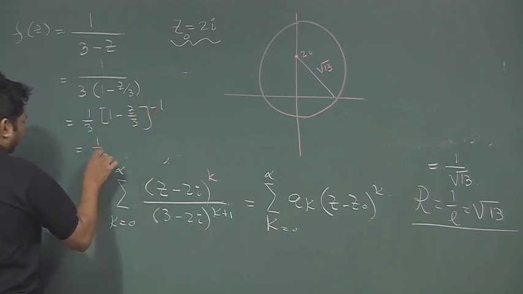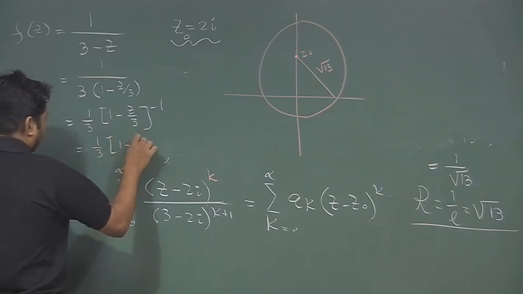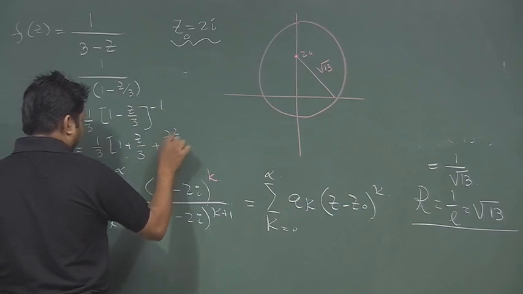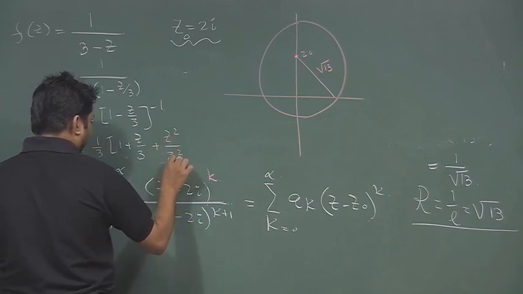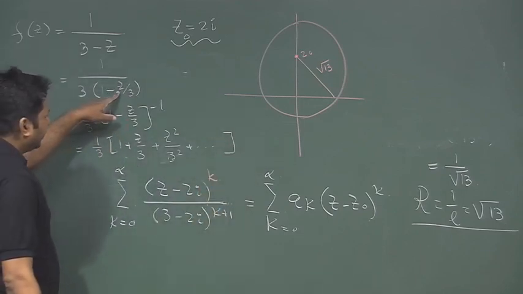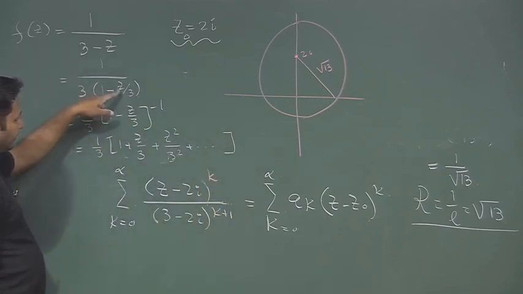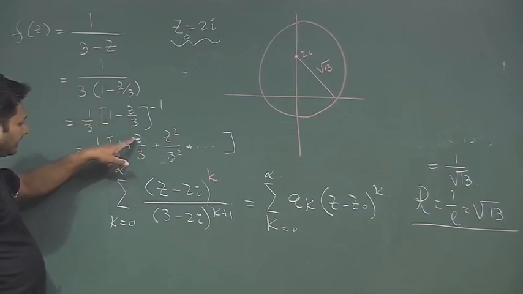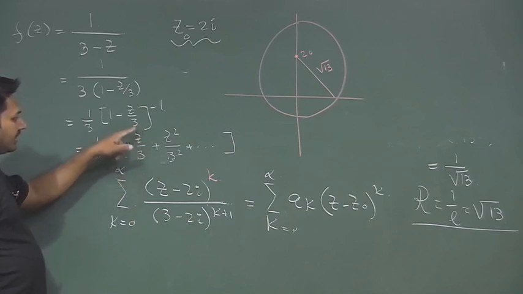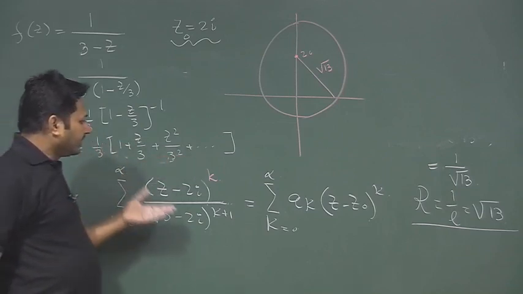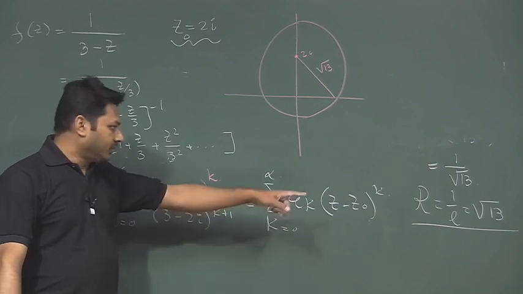Now, the expansion gives me 1 plus z by 3 plus z square by 3 square and so on, and the radius of convergence should be such that the value of mod z should be less than 3, because if it is less than 3, then this quantity is less than 1, and then this expansion is possible. So, the radius of convergence for this Taylor series is root over 13.